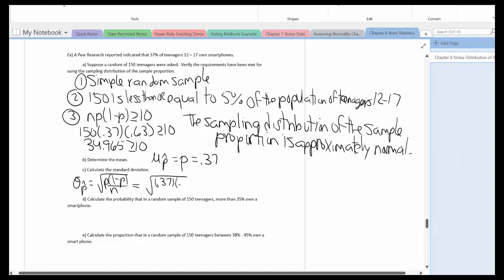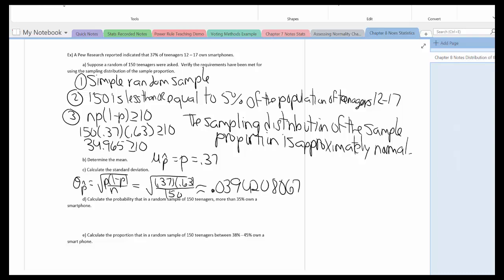That'll be 0.37 times 0.63 all over 150. Writing out all the decimals, we get this. Keep in mind, I'm going to write all the decimals out because I'm going to be using this information for the next couple of parts here.